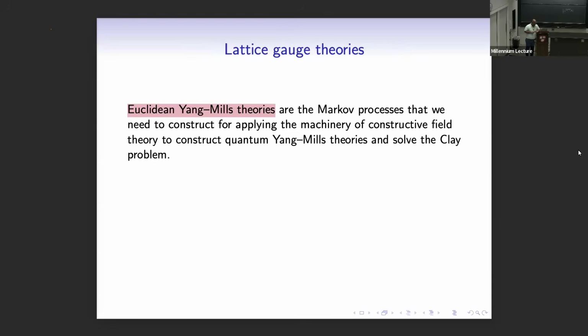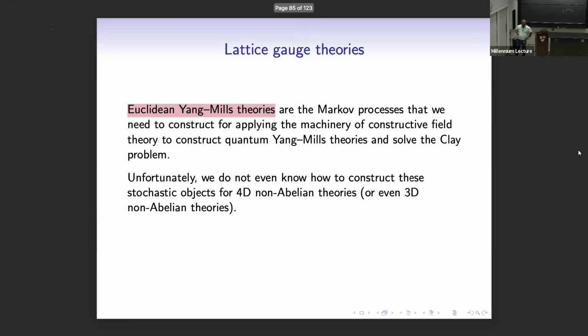Let me speak briefly about lattice gauge theories. What are these? I'm nearing the end of the talk. Euclidean Yang-Mills theories are the Markov processes that we need to construct for applying this machinery of constructive field theory to construct quantum Yang-Mills theories and solve this Clay problem.